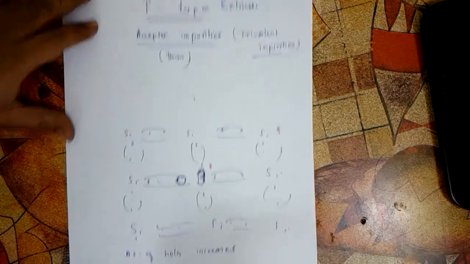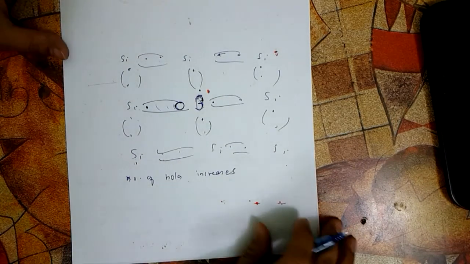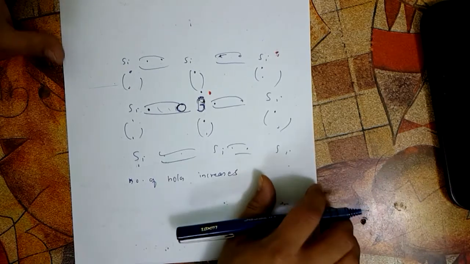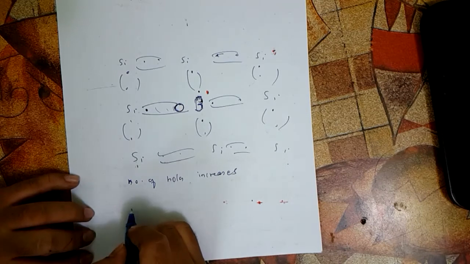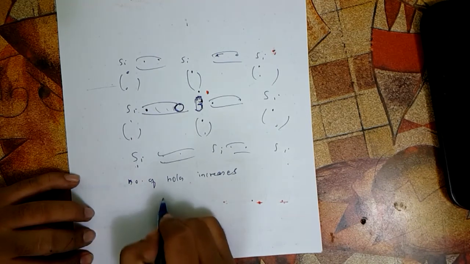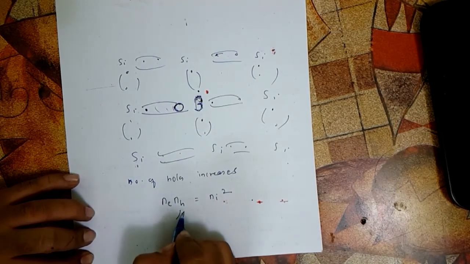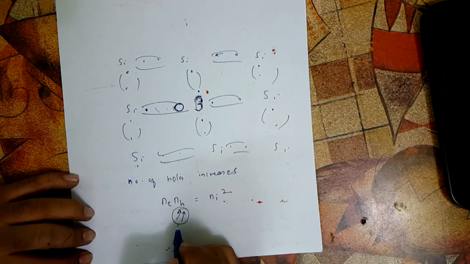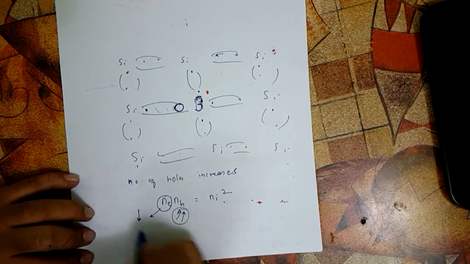And since the number of holes increases, most of the conduction is done by these holes, and the number of electrons decreases. And even in this case of p-type semiconductor, again Na into Nh is equal to Ni square. Now we know that this number of holes have increased. Each boron atom gives one hole, so lots and lots of holes. Now what happens to the number of electrons? This number of electrons decreases. Why?